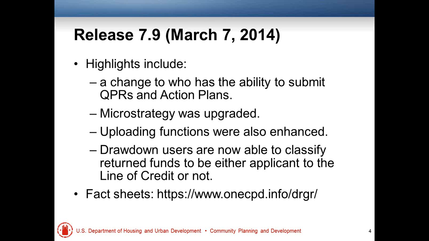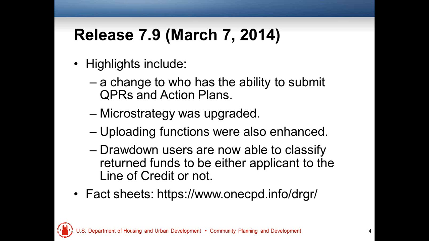Remember, over the last couple of releases, there's been this ability for you to do batch uploads, meaning if you have 20 addresses, instead of you having to key those addresses into DRGR, if you follow a prescribed template that's given by HUD and the rules and regulations of how to upload, you'd actually be able to upload a file, it's technically called a CSV file, into the system, and that will automatically put those addresses in, for example.